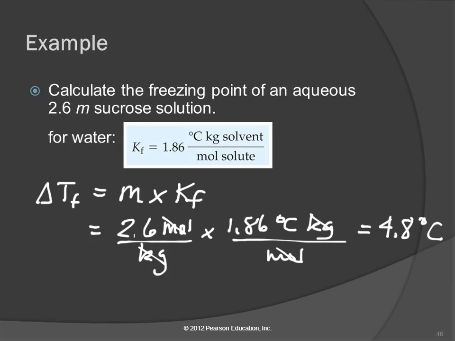Is that the answer? No. That is the change in the freezing point, not the actual freezing point. What is the freezing point of pure water? 0. Freezing point depression means that the temperature goes down.